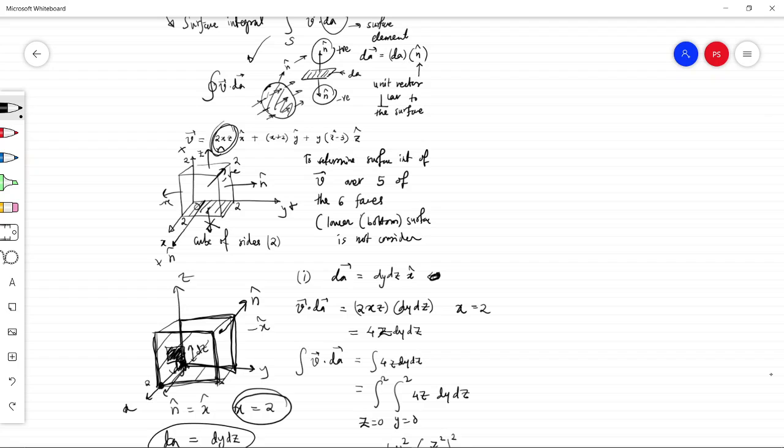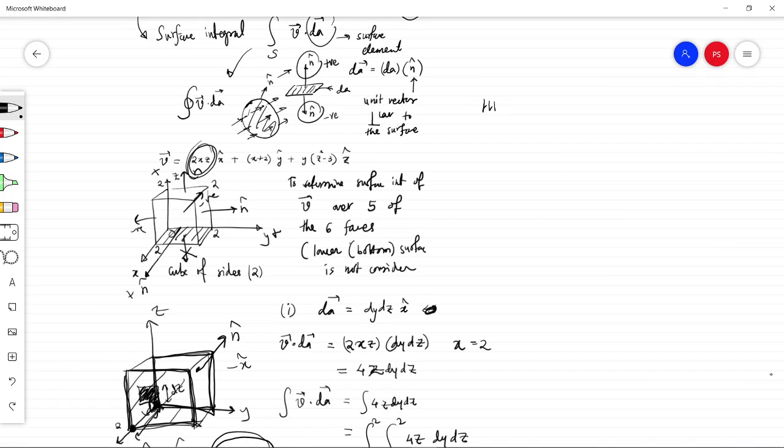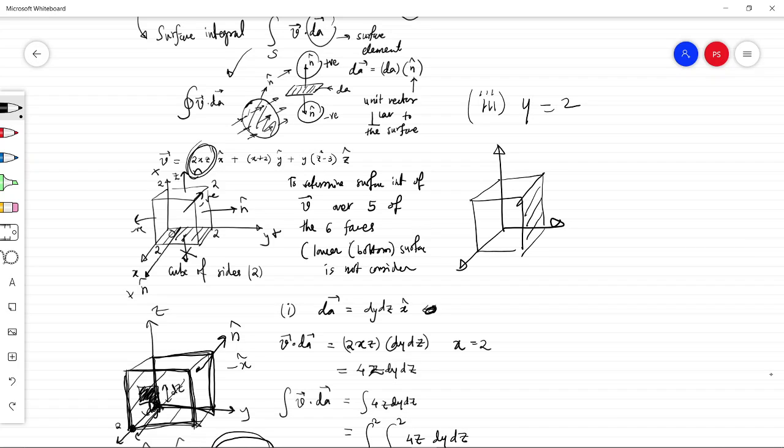Just to have a quick go through, let us consider the surface corresponding to y equal to 2, the surface indicated by this portion.